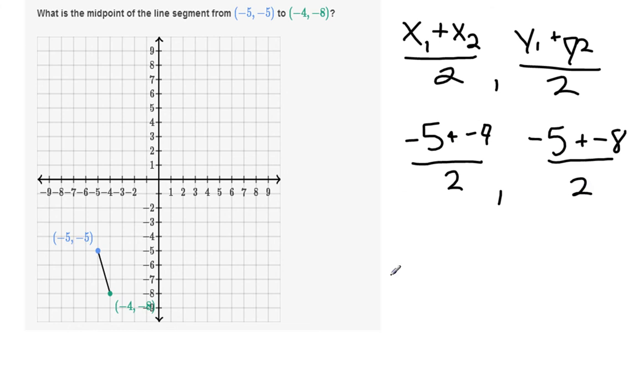So -5 plus -4 is -9. -9 divided by 2, -4.5. And our y coordinate, -5 plus -8 is -13. -13 divided by 2 is -6.5. I don't know why I used decimals this time when I kept it as fractions last time, but let's be dynamic, I guess. And we check our answer. Correct.